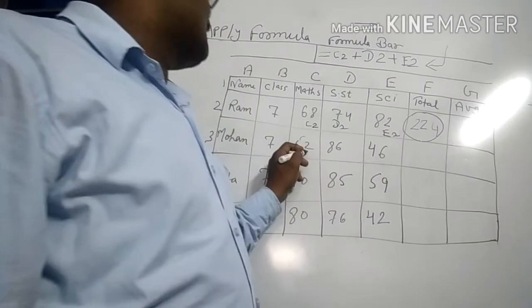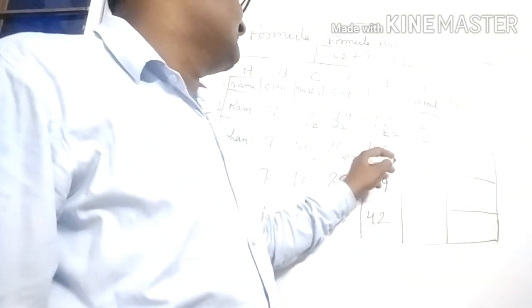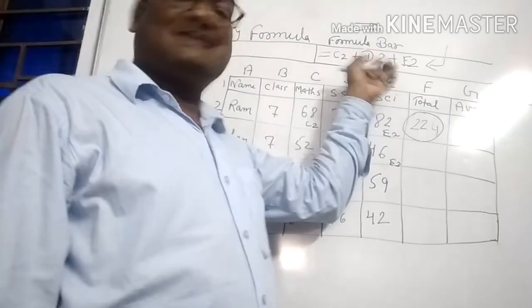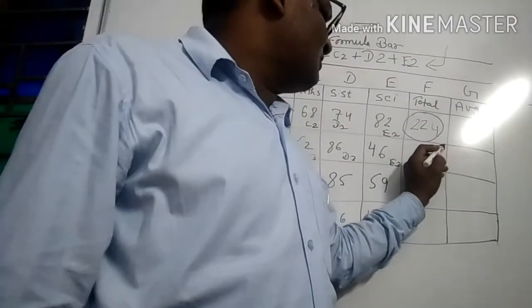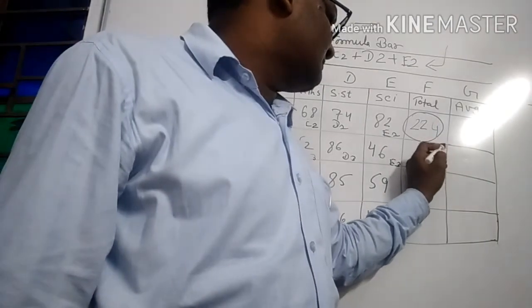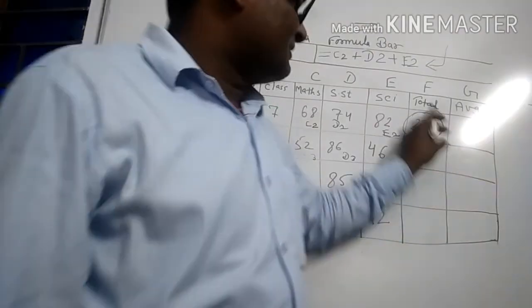Similarly, this is the cell of C3, this is the cell of D3, this is the cell of E3. So it is not necessary to write once again. Just bring your mouse here, and if a plus symbol appears on your screen, then just drag your mouse.